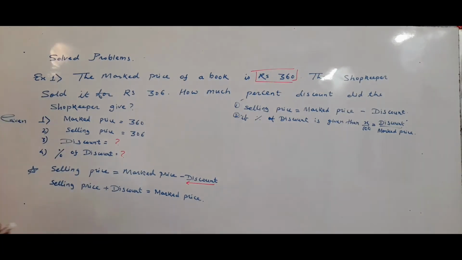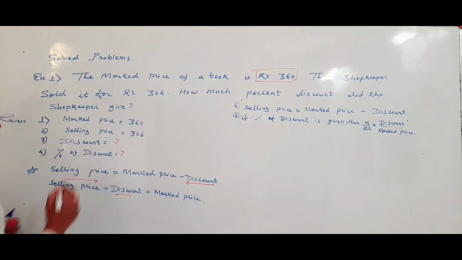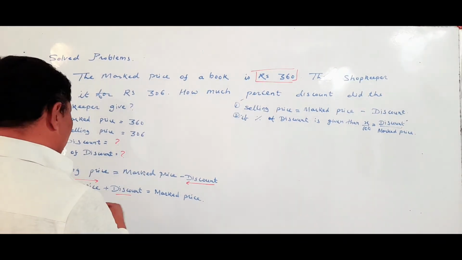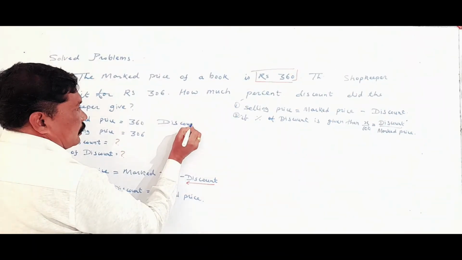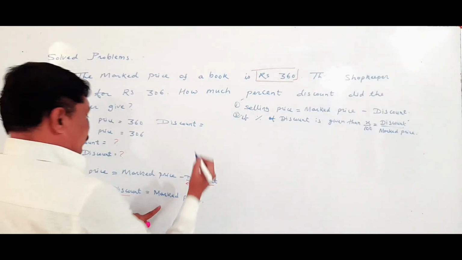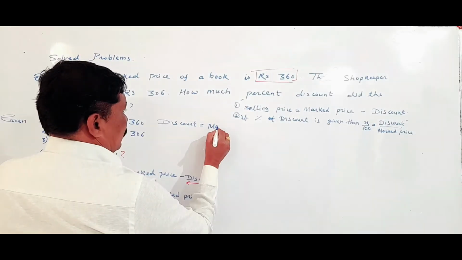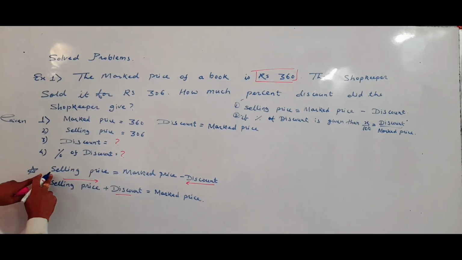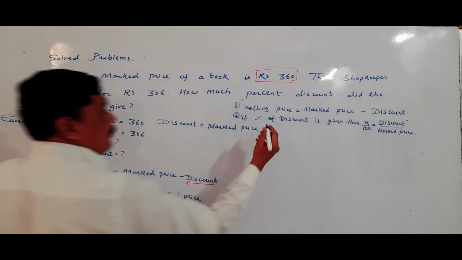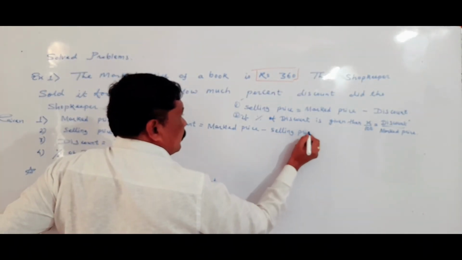We want to find out discount, so we'll keep discount as it is and send selling price to the other side. Therefore, discount is equal to mark price minus selling price.